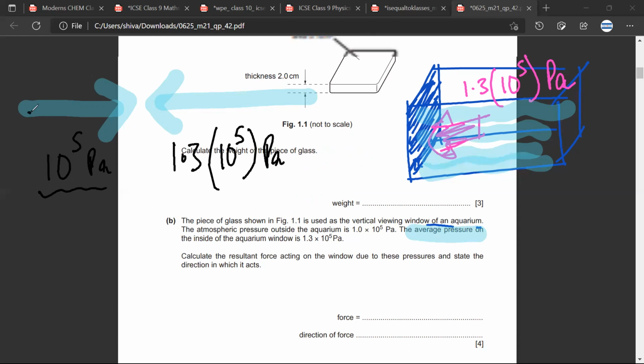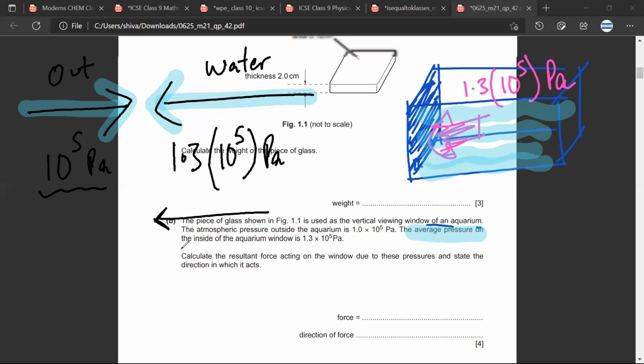So there is outside pressure and then there is inside pressure. This is the outside pressure due to atmosphere, and this is the inside pressure due to the water inside. So there would be a net pressure, which will be this side, which will be 1.3 into 10 raised to power 5 Pascal minus 10 raised to power 5 Pascal.